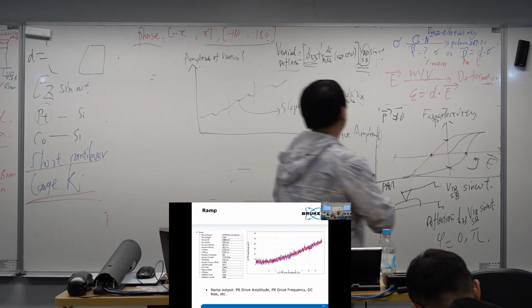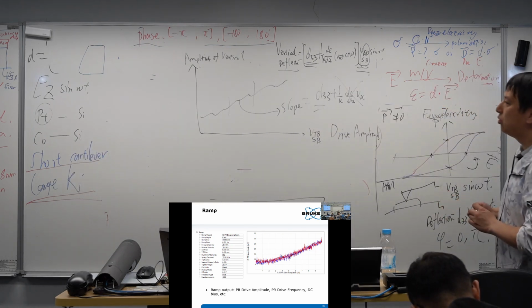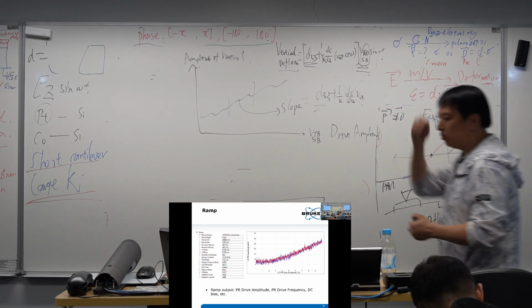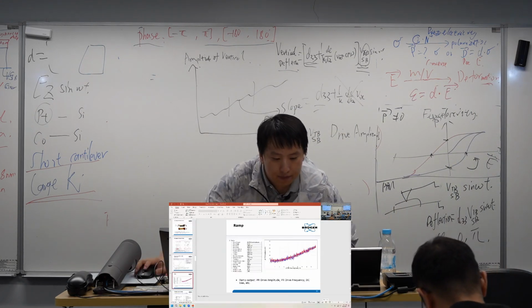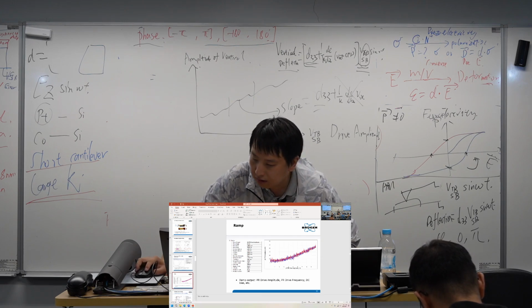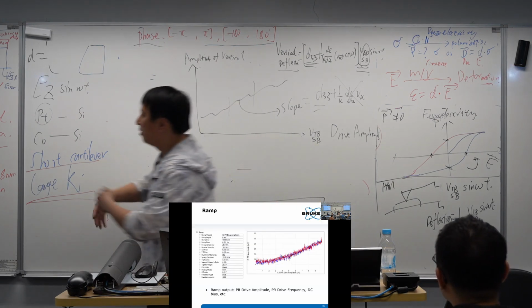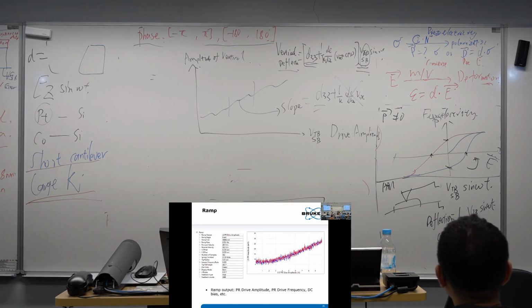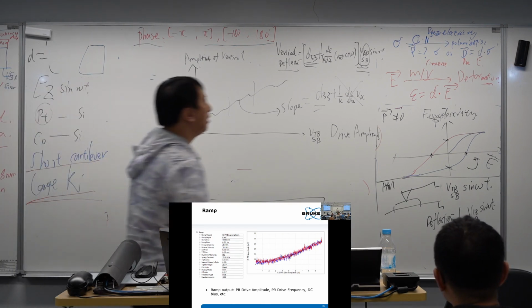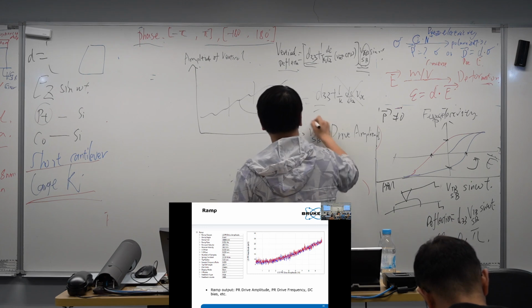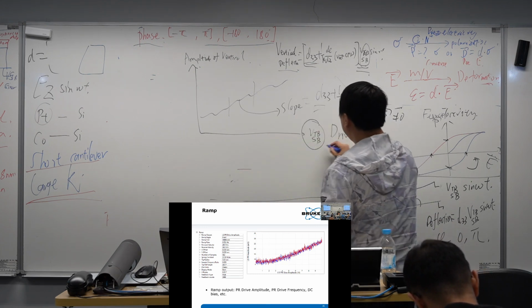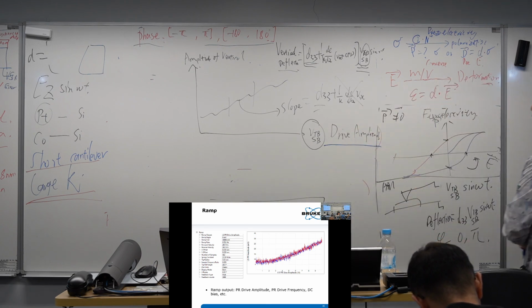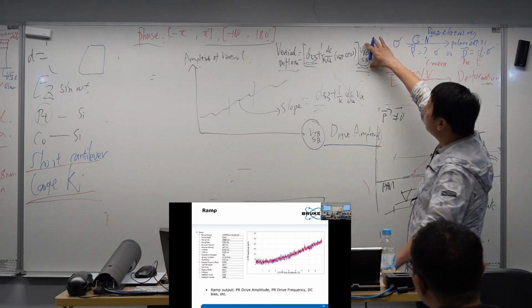So the next thing we want to discuss. We have discussed almost every parameter, but we forgot one thing. It's about this one, the drive amplitude. The drive amplitude is just this term, the V_TB, V_SB.